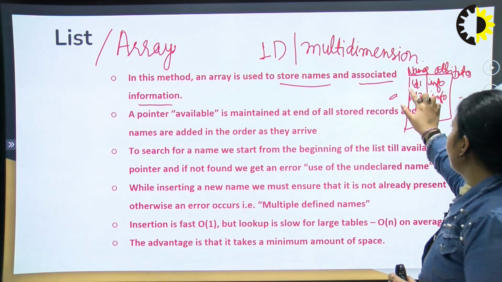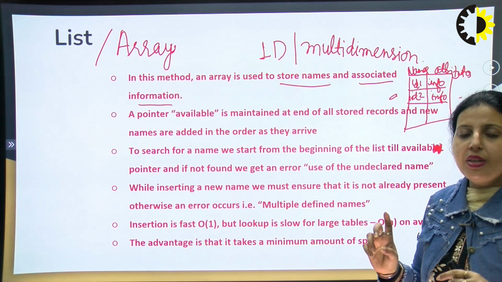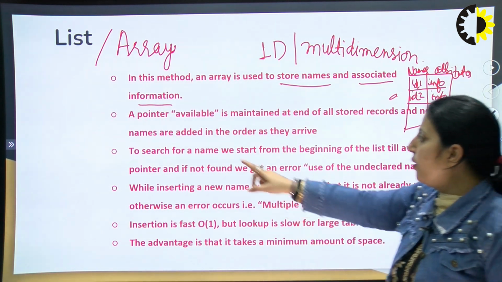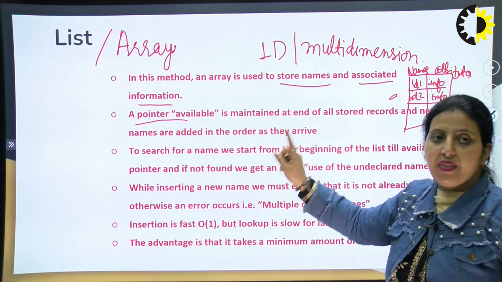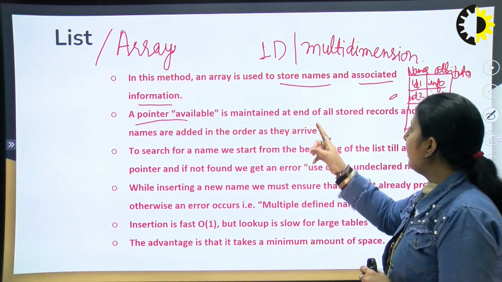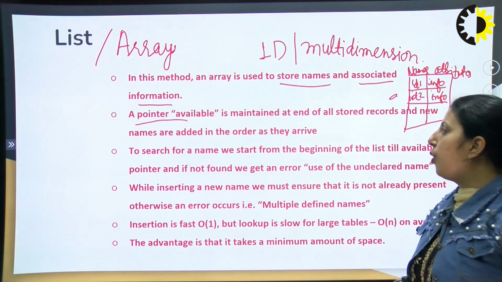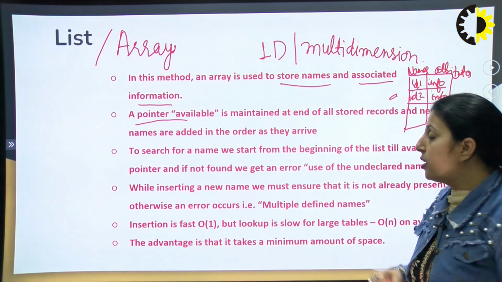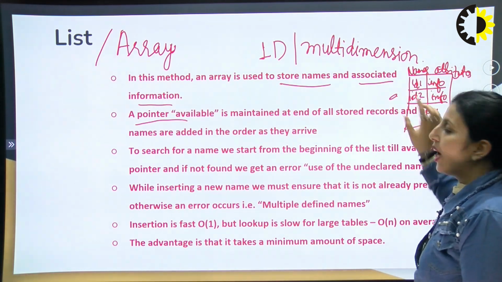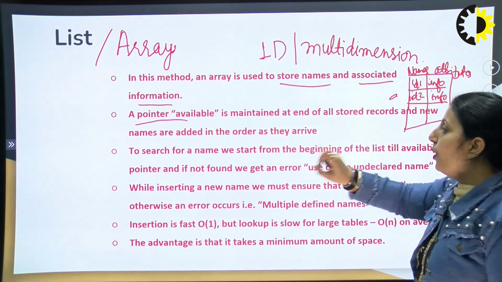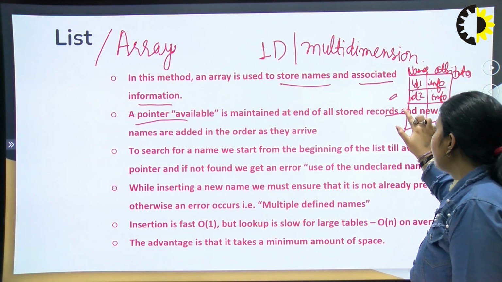There is a pointer named available pointer, which is maintained at the end of all stored records, and new names are added in the order as they arrive. What does it mean? Suppose the entry in the symbol table is up to ID2, then the available pointer points to the next location.